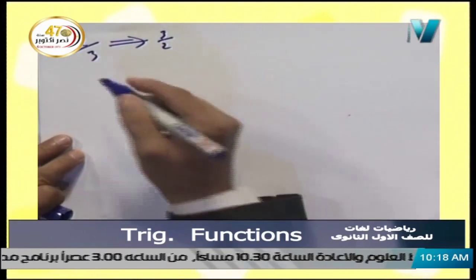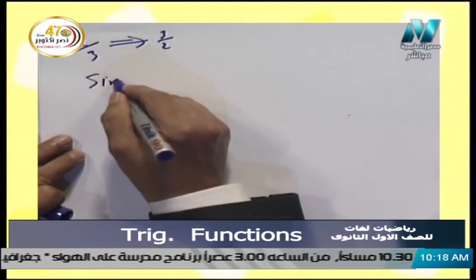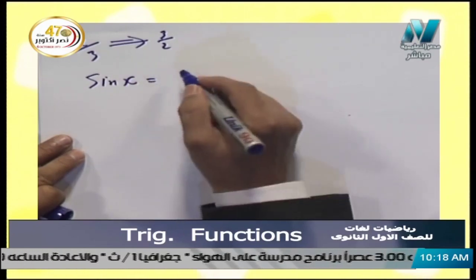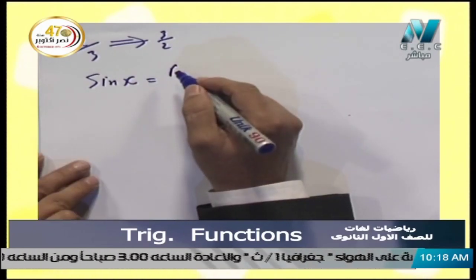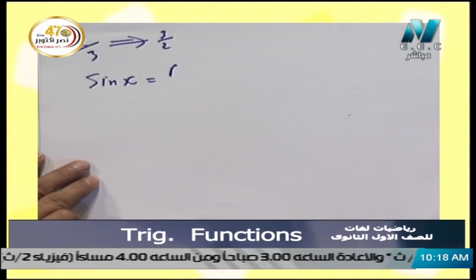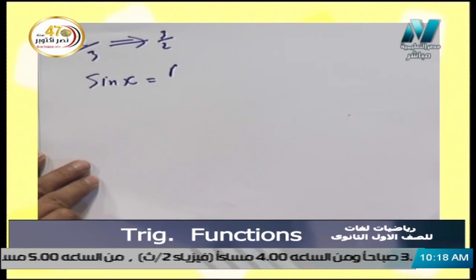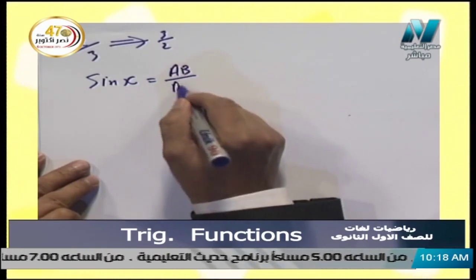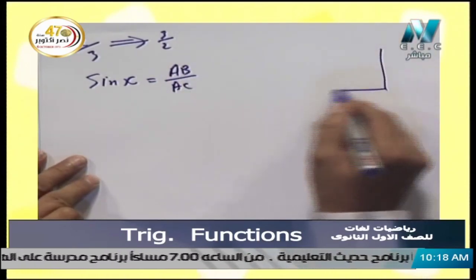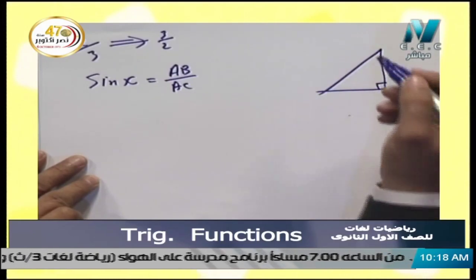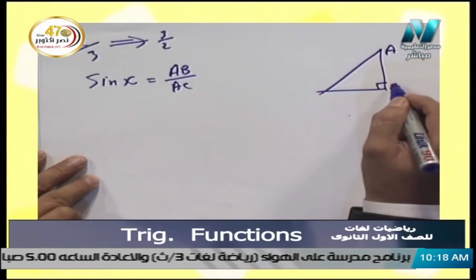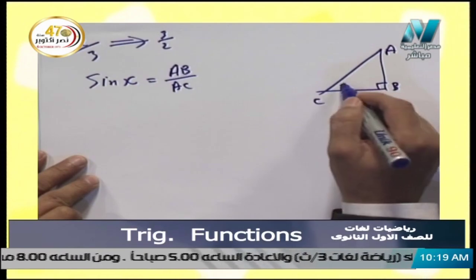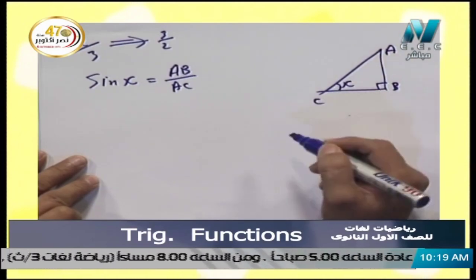So if we have sine x equals, as we said before, AB over AC in the right angle triangle here, ABC, and let's call this angle x.